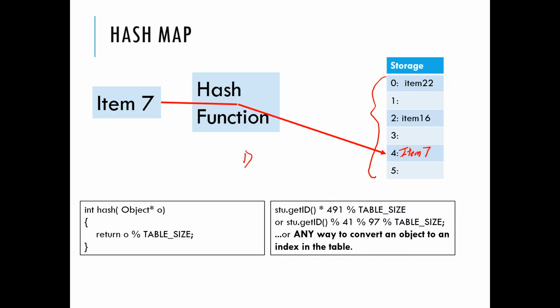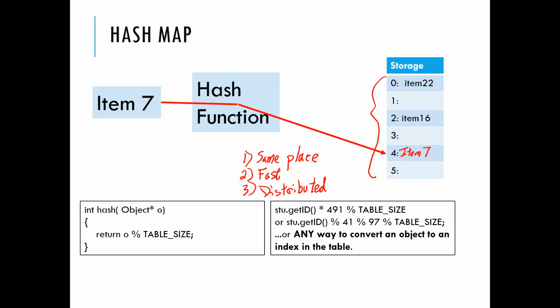I want to make sure I point this out. It needs to be fast and distributed. What I don't want is everything going to the same place on the table. So really anyway, you pass me some object or you pass in some particular value that I'm going to use for my hash function, it converts it to some number in the table.